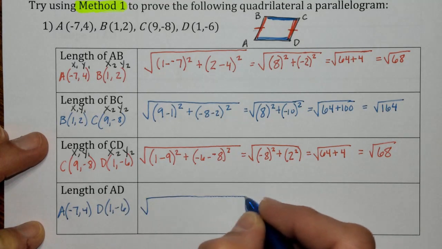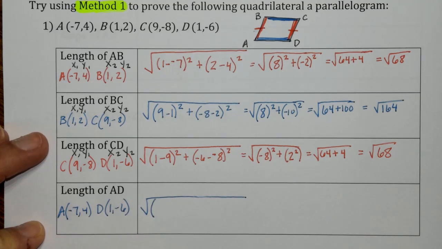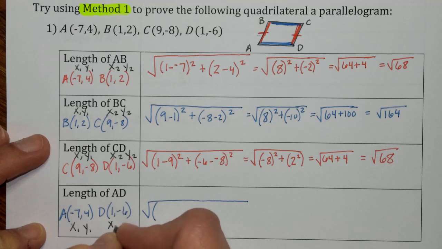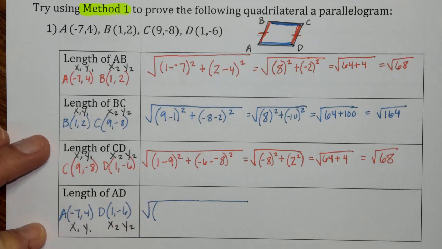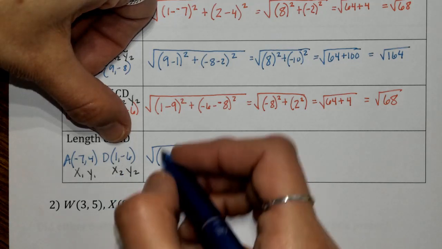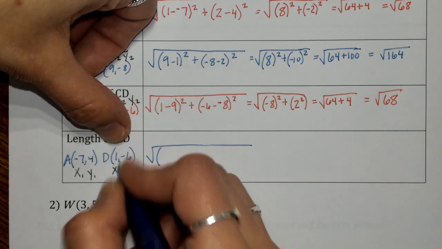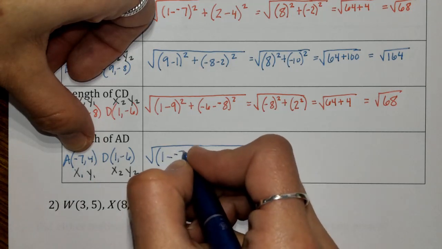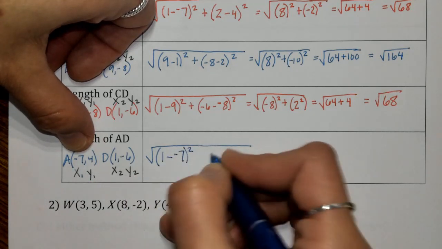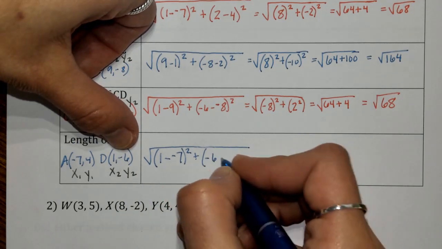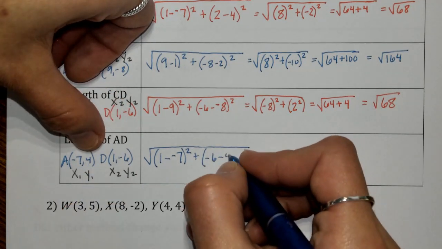All right, set up parentheses, we're going to leave my x's and y's again, x1, y1, x2, y2. So here we have x2 is 1, minus x1, negative 7, again, make sure you have that minus negative 7, plus y2, negative 6, minus y1, 4.